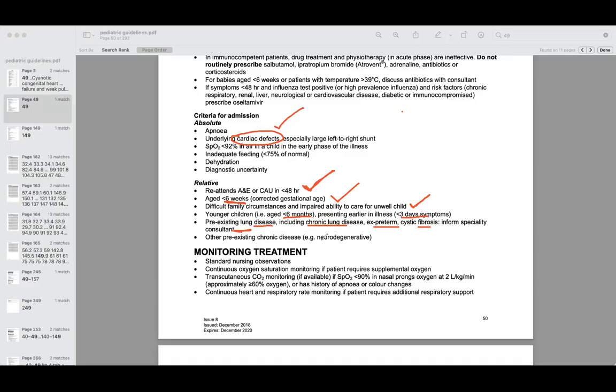Other pre-existing chronic disease, for example neurodegenerative disorders. But when they ask, even if we don't tell everything, at least tell the important points, like apnea, child with cardiac defect, feeding less than 75%, SpO2 less than 92% in the early phase of illness. So next is the monitoring and treatment.